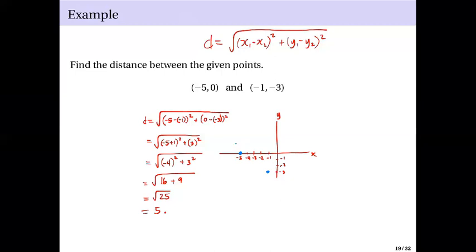So again, this is the point (-5, 0), and this is the point (-1, -3). And you were asked to find the distance between these 2 points. And according to this calculation, it's just 5.